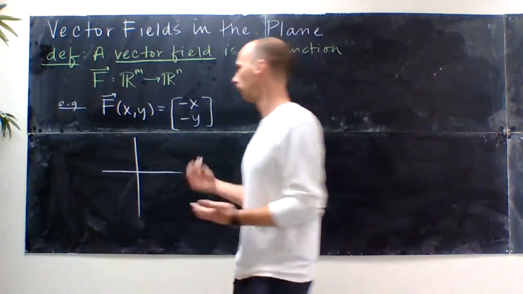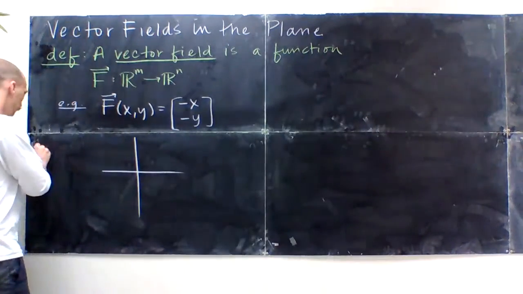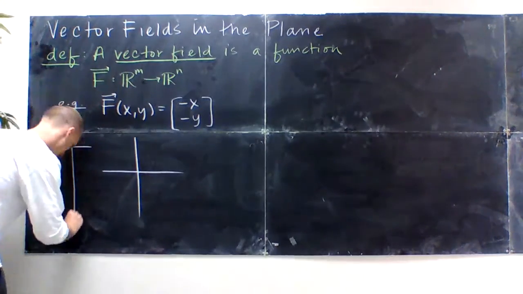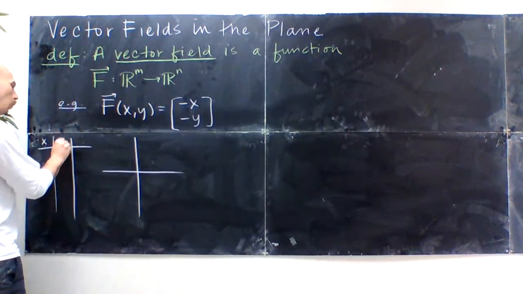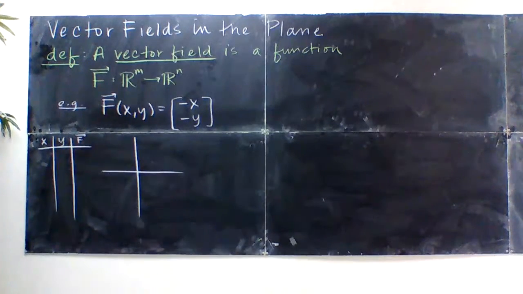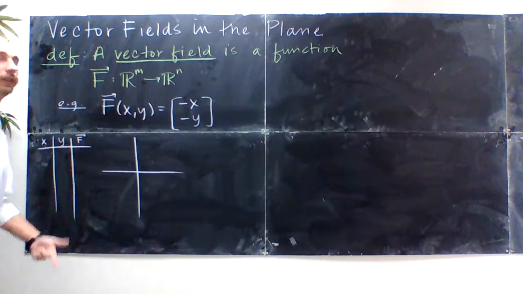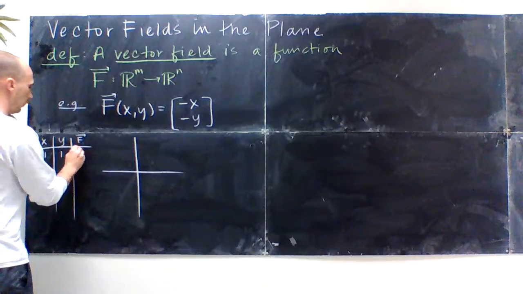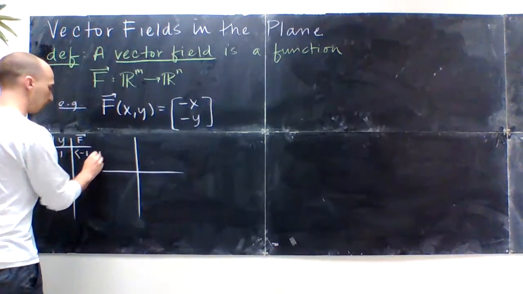And so what I can do is make a little 3-column chart: x, y, and f, which depends on x and y. But it's really not very complicated. You just take x and make it negative, and you take y and make it negative, and you turn it into a vector. So at the point 1, 1, the vector is negative 1, negative 1.